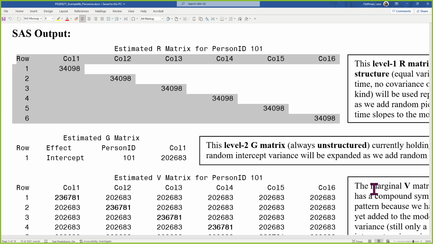It's called independent in Stata, constant variance and no covariance. This is what you have in regression, actually. The idea that your E's are supposed to be independently and identically distributed, that IID thing, that's this. So this is the default in software because this is what you would logically start from and ask, what else do I need in terms of random effects?